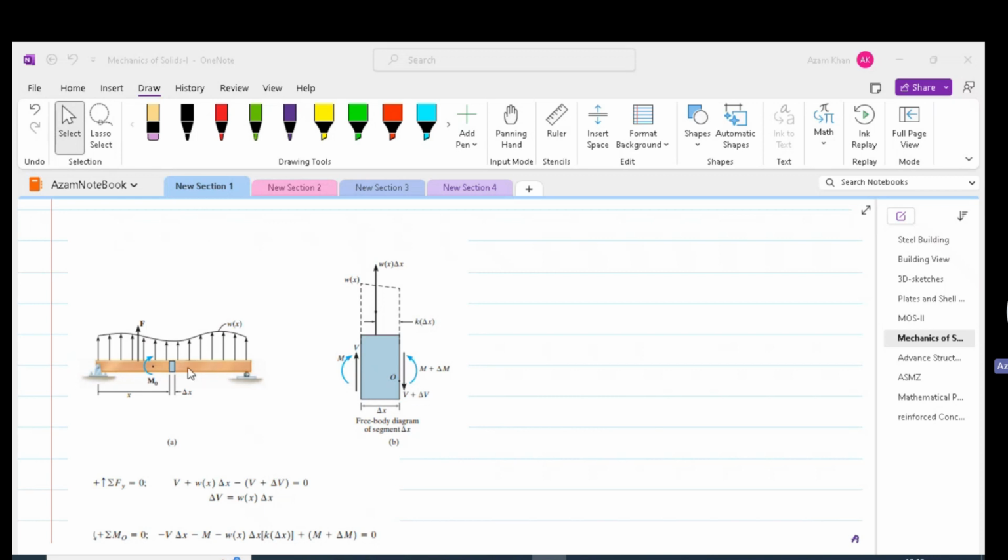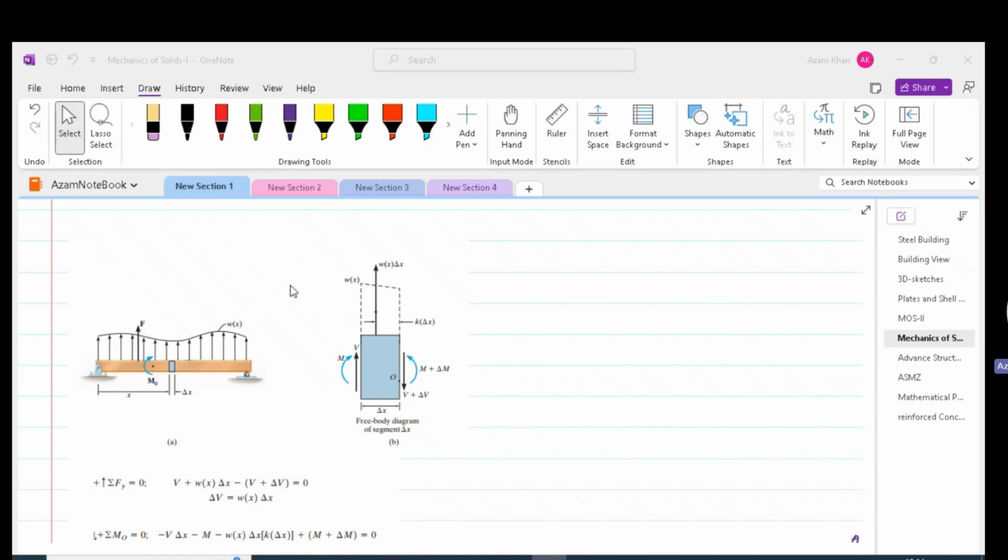Since this portion has been taken out of the main beam, we will have to apply the effects of the omitted parts. So the left omitted part will have its own internal shear and moment applied onto the free body, and the right omitted part will have its own internal shear and moment applied onto the free body.